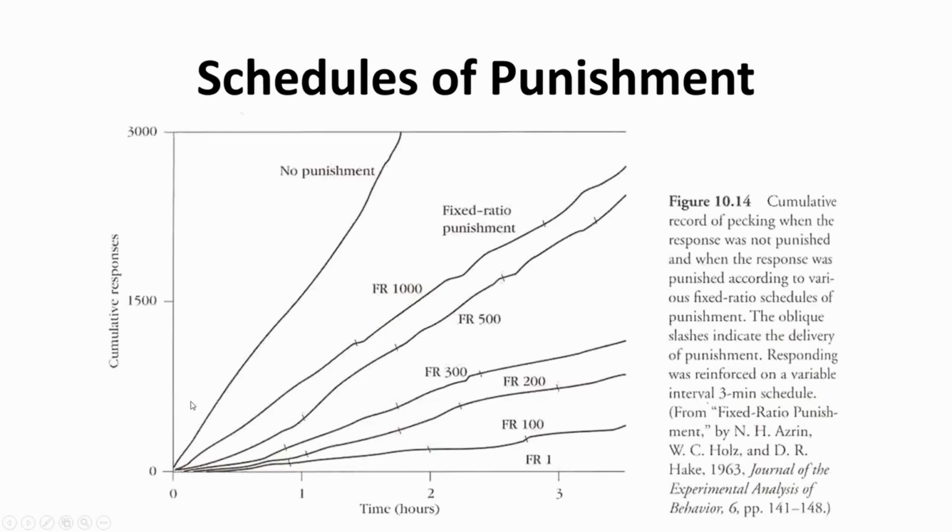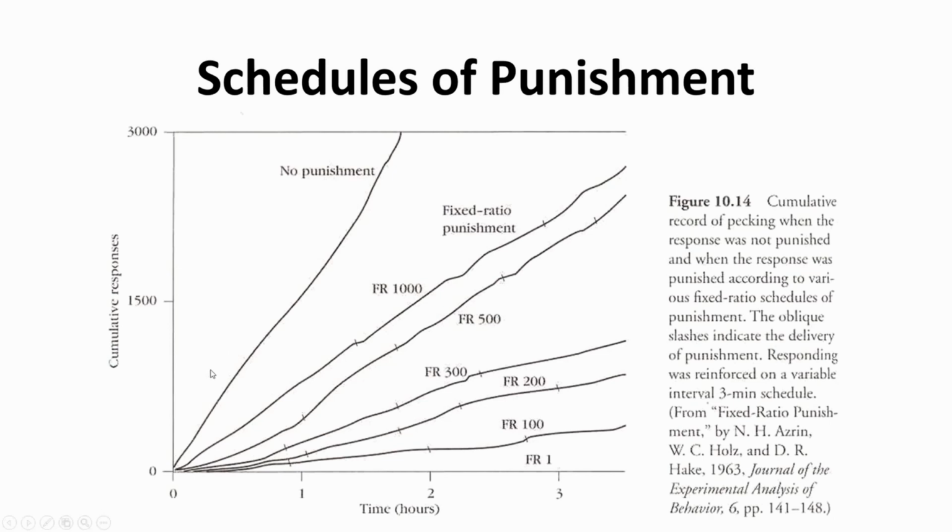And on that train of thought, we should talk about schedules of punishment, where basically, like schedules of reinforcement, we look at how often or how consistently punishment is delivered. So just like the idea that we could deliver reinforcement intermittently, we can also deliver punishment intermittently.